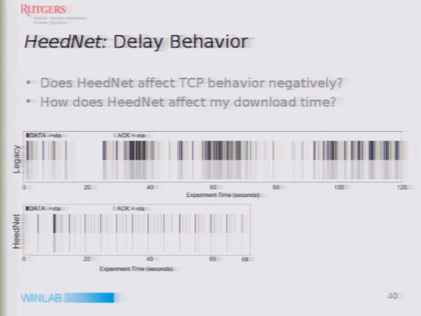And this is the 2-minute download when you have nothing, the legacy system. And for this size of a download, this is how much it takes with HeedNet. Okay, so it finishes at 86 seconds.